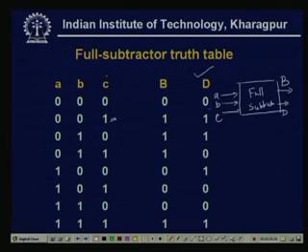So, the difference should be a 1. Similarly, 0 minus 1, the difference is 1, borrow is 1, because already we have seen that if it is 0 minus 1, as if a 1 is borrowed from the higher stage, and actually it is 1 0.